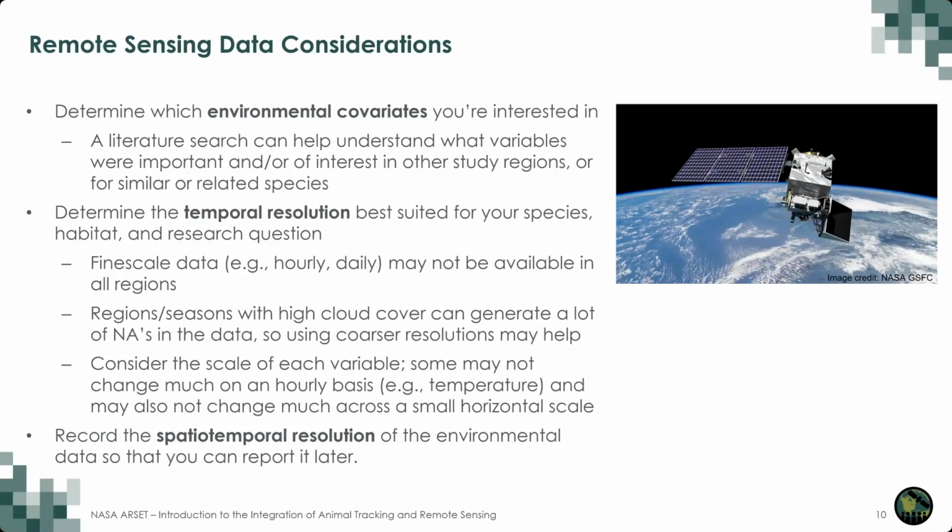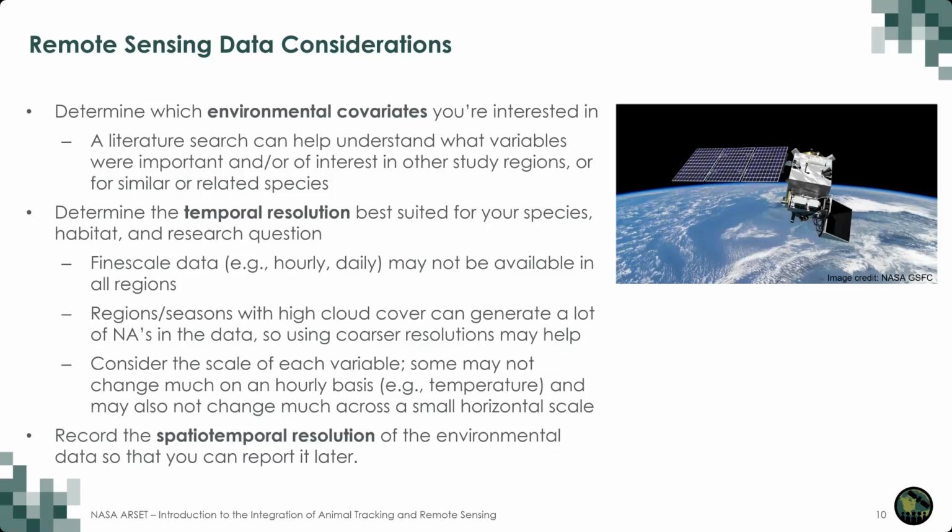And they can point you to specific data sets or specific types of data sets that could be really useful because honestly, it's really overwhelming. There's a lot of remote sensing data sets out there. And so it's good to have some kind of plan going into it. Also, you need to consider the temporal resolution, again, that is best suited for your study species in your site.